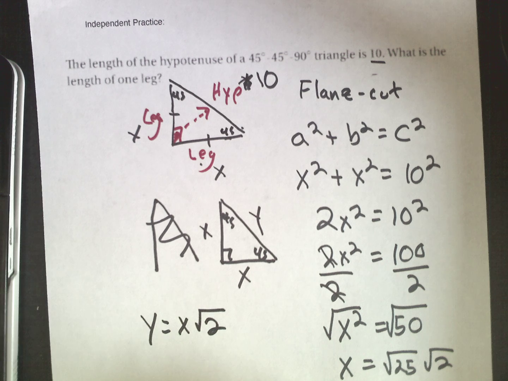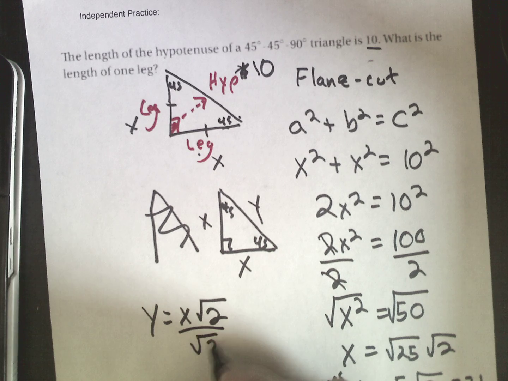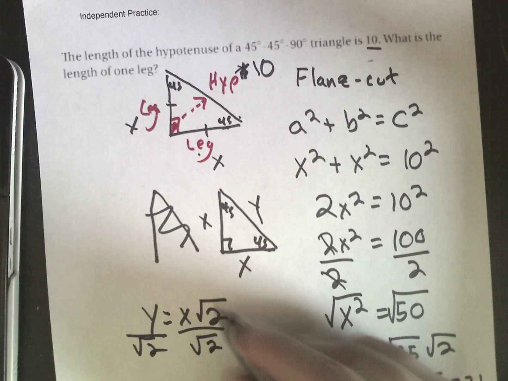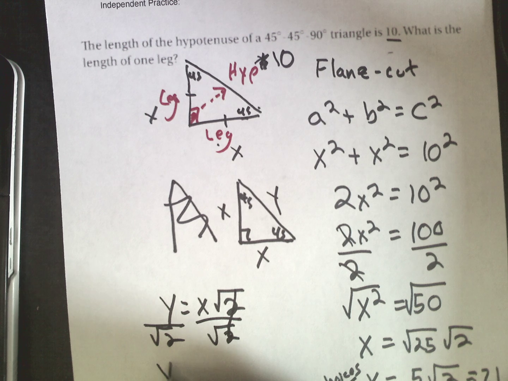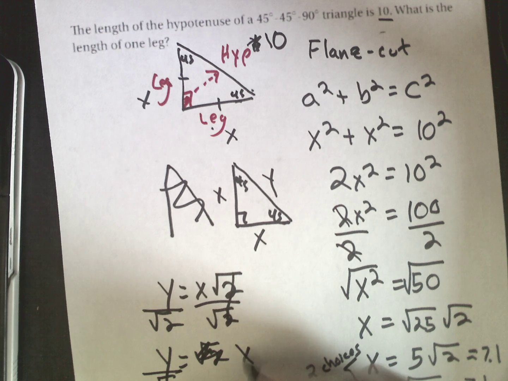I want to find out what x is. Well, the thing to do is divide by the square root of 2 on both sides. These will cancel out, and now y divided by the square root of 2 equals x.